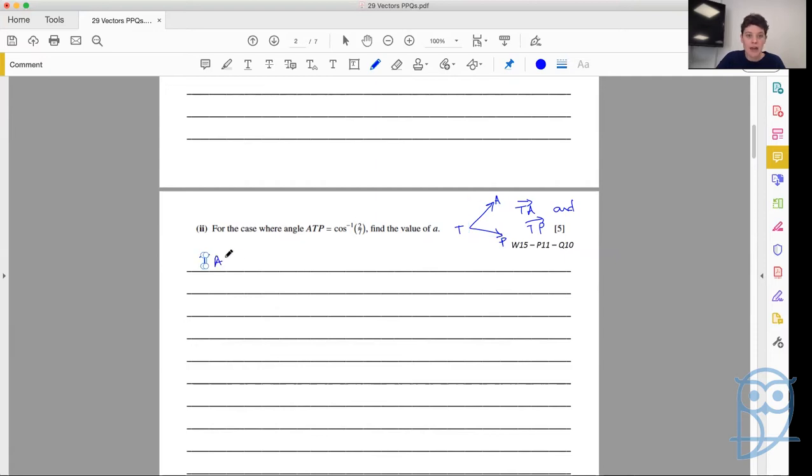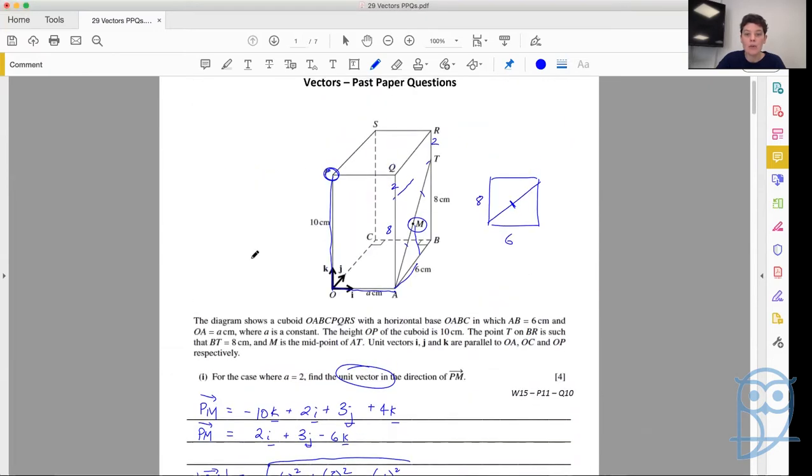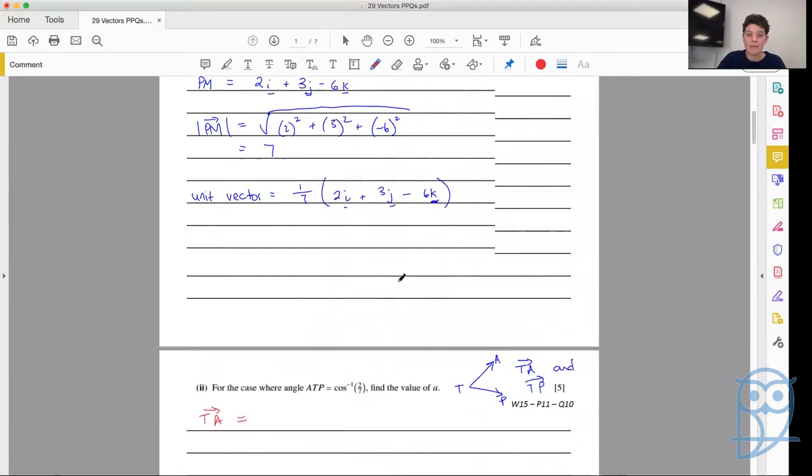So T to A equals, and we go back and we walk. So let's just take this off so we can see P clearly. And then we should also change color. So from T to A, well, we're going down 8, so minus 8k, minus 6j.